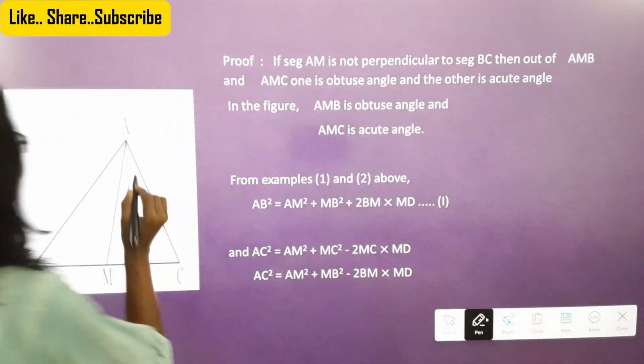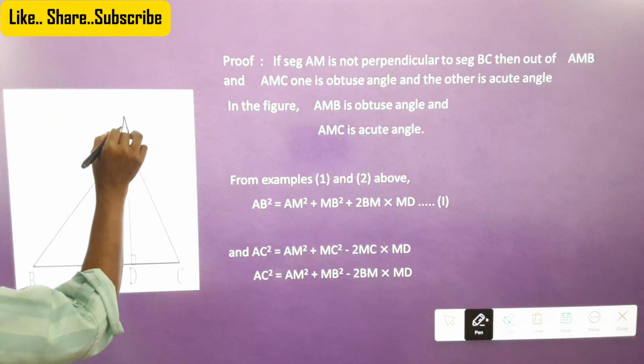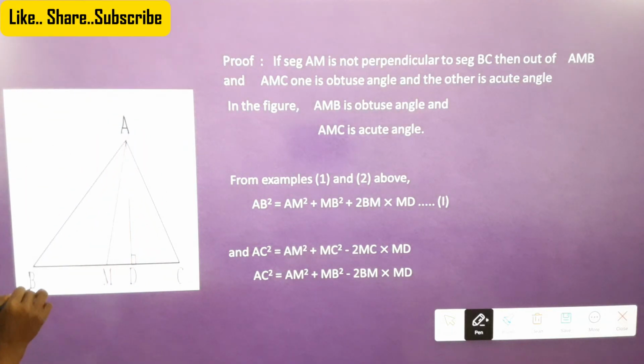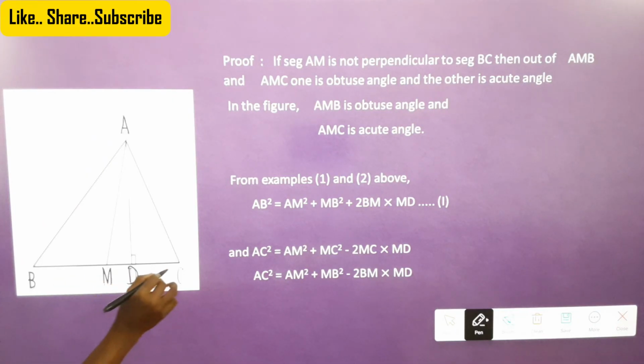Here is the proof. Segment AM is not perpendicular to segment BC.